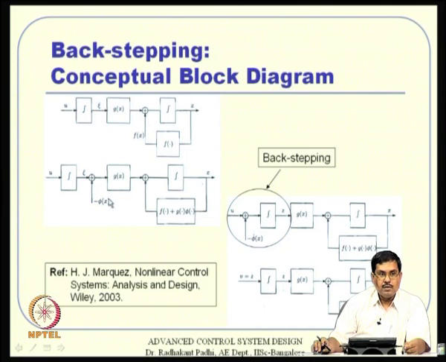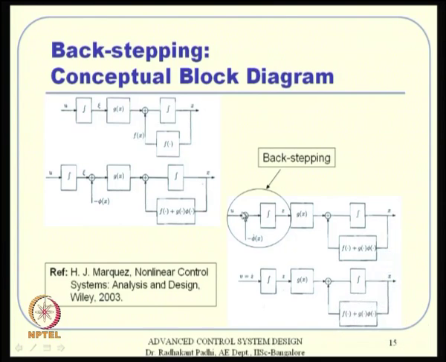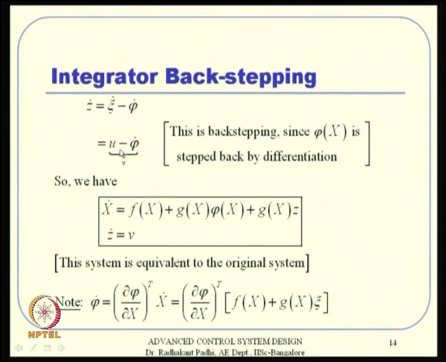So phi to phi dot goes backwards. Whatever is integrated, that signal flows forward; whatever is differentiated, that signal flows backward. That is why it is called backstepping. You are just stepping back in the block diagram one time, and then interpreting u minus phi dot because of this algebra.